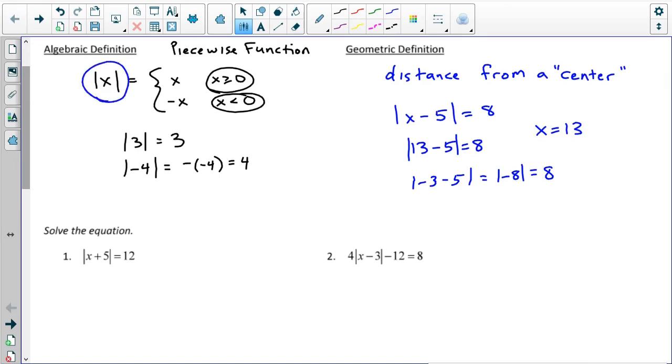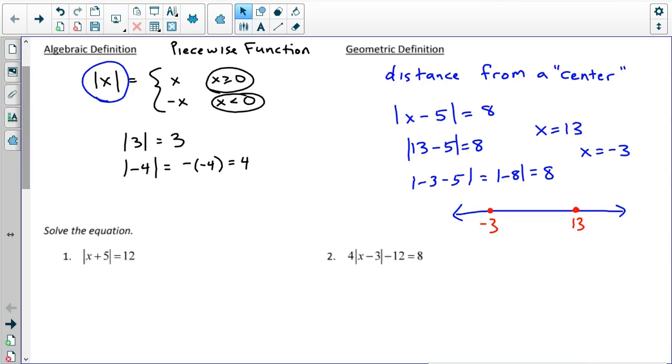The absolute value of negative 8 is 8. So if I take a look at what's happening on a number line, if I graph my answers, they are 13 and negative 3. So I will put 13 on a number line, and I will put negative 3 on a number line.